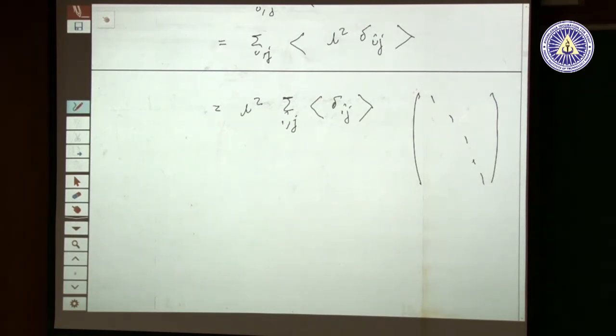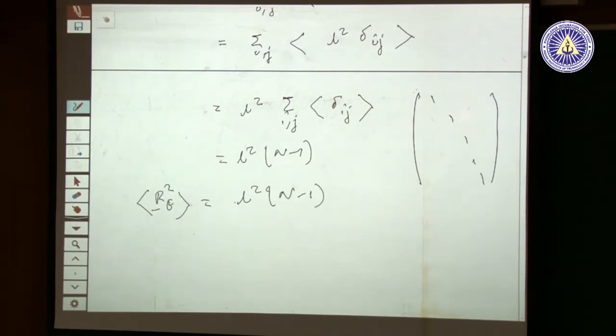And how many do we have along the diagonal? We have n minus 1 of them. So this sum will just be n minus 1. So you get L squared times n minus 1. So the average of Re squared is L squared times n minus 1.